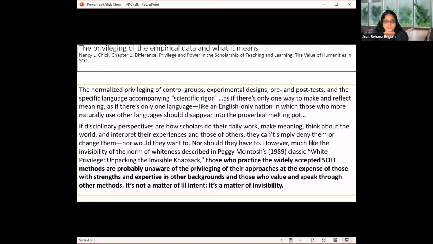And so these lines that I put in bold: people who work in SoTL may not be aware of the privileging of their approaches at the expense of the strengths and expertise in other backgrounds, who speak through other methods. And this idea that all the disciplines have a rich basis through which we can do research in SoTL. Right? So she talks later in this chapter about using close reading.